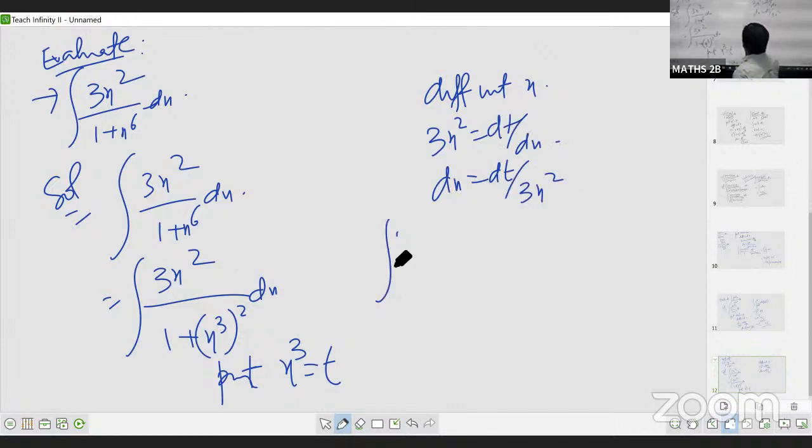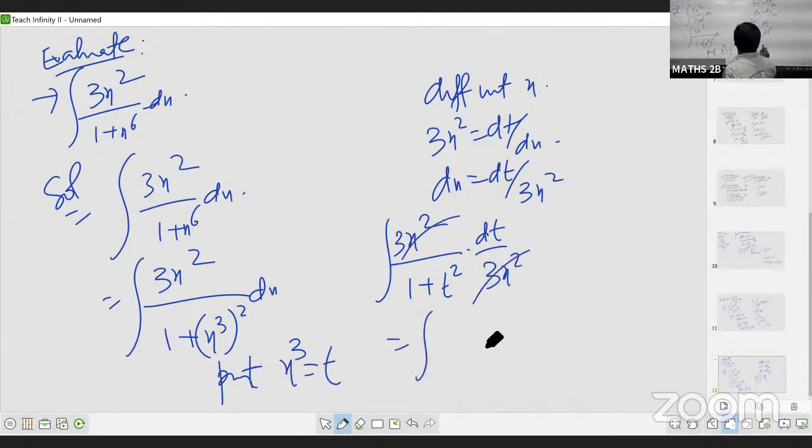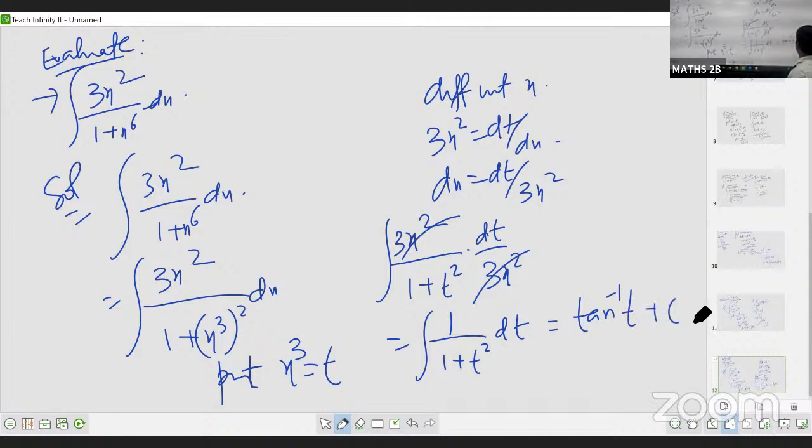Now the integration of 3x square by 1 plus t square into dt by 3x square. 3x square gets cancelled. 1 by 1 plus t square dt, which is tan inverse t plus c. But what is t I consider? x cube. Is it clear?